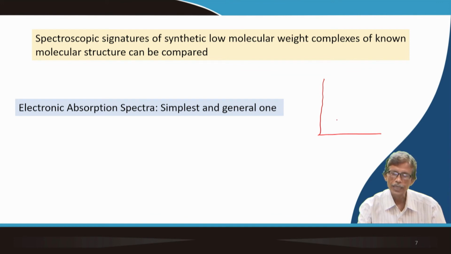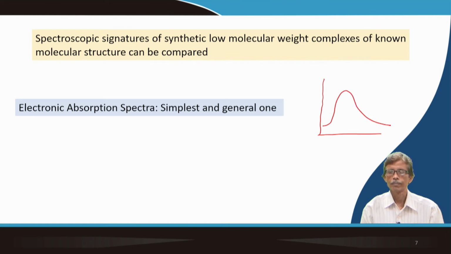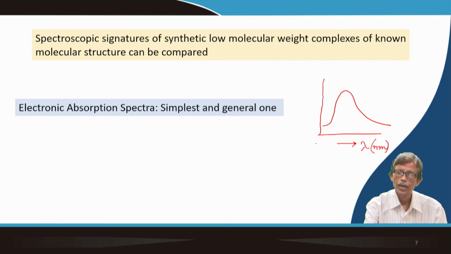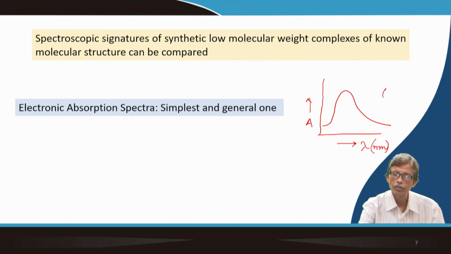If we measure that particular thing, we will get a corresponding absorption like this, where this is your wavelength axis, lambda in nanometers, and this is your absorbance A value. From this situation you find the epsilon max value.